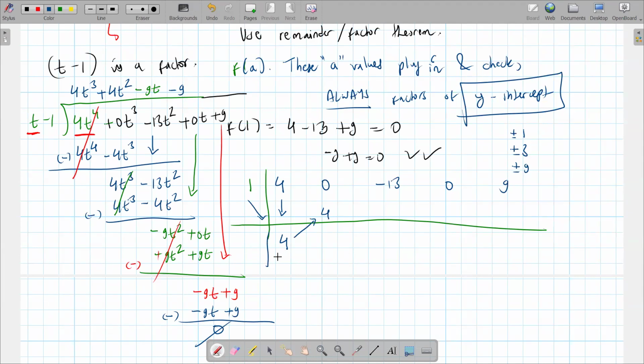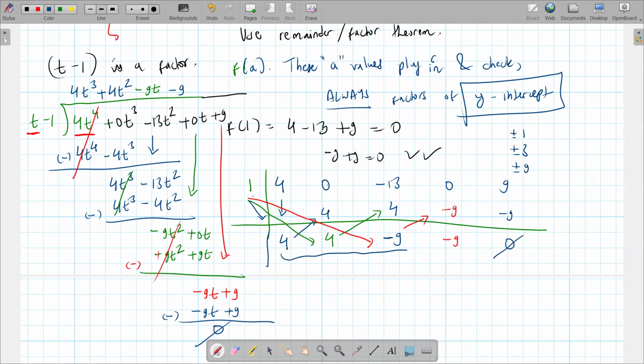In synthetic division, we add. 0 plus 4 is a 4. And then again, 1 times 4 goes here. What's 1 times 4? 4. What is negative 13 plus 4? Negative 9. Now 1 times negative 9 would go here. 0 plus negative 9 is negative 9. Finally, 1 times negative 9 is negative 9. 9 plus negative 9 is a 0.